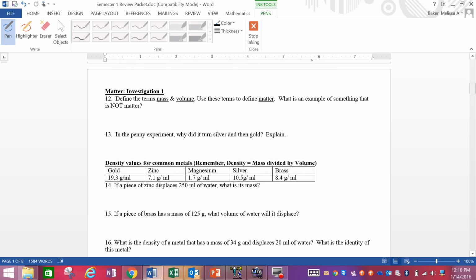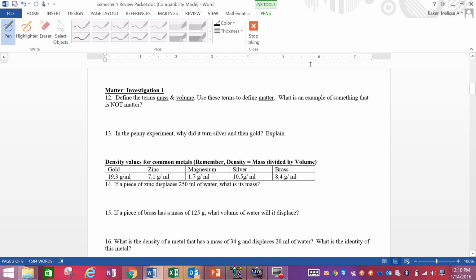Define mass and volume. Use the terms to define matter. What is an example of something that is not matter? So, mass is the amount of matter in an object.